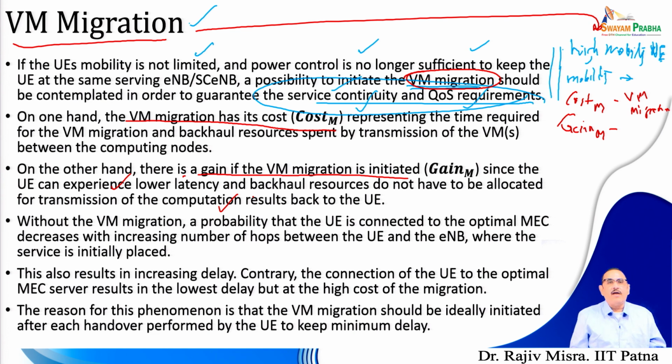Now, without the VM migration, the probability that UE is connected to the optimal MEC decreases with the increasing number of hops between the UE and ENB.